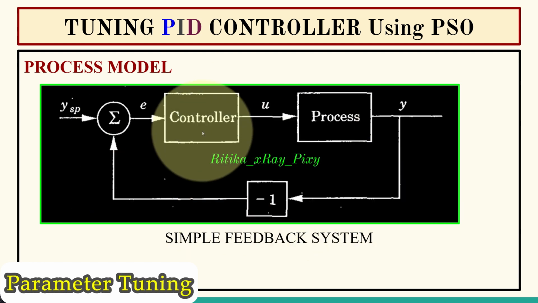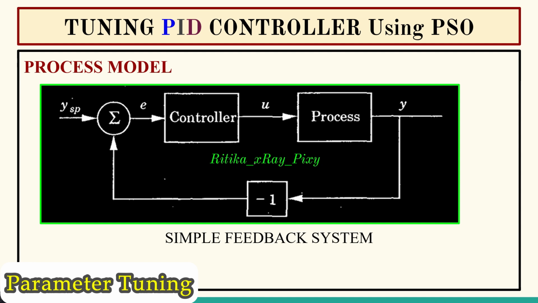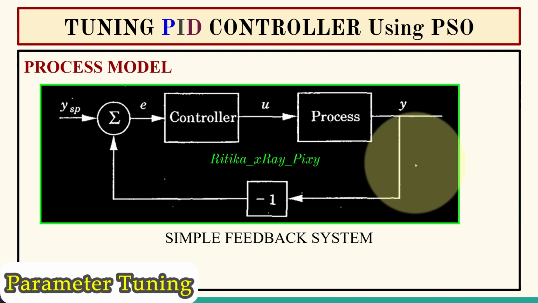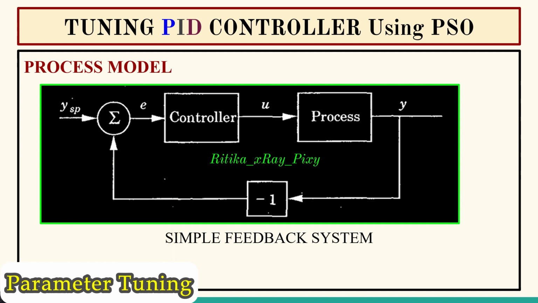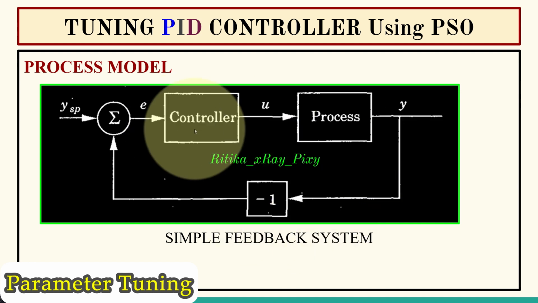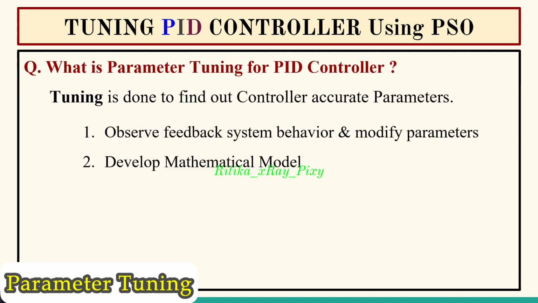Here you can see we have a controller. This controller has many parameters that need to be adjusted, and if you choose the parameters accurately, the control loop will perform well, else we have poor performance. Or we can say the system may become unstable, so we need accurate parameters for the controller. Parameter tuning is done to find the controller's accurate parameters.